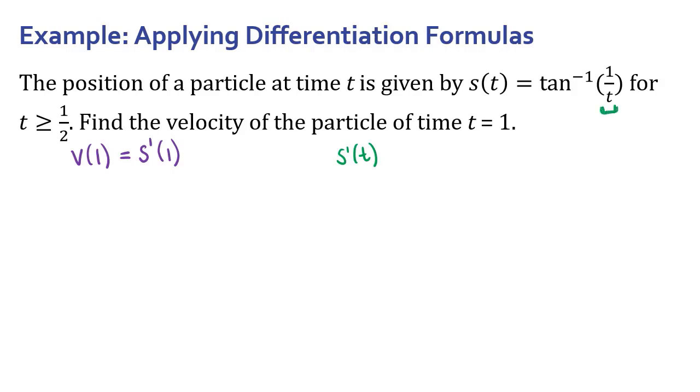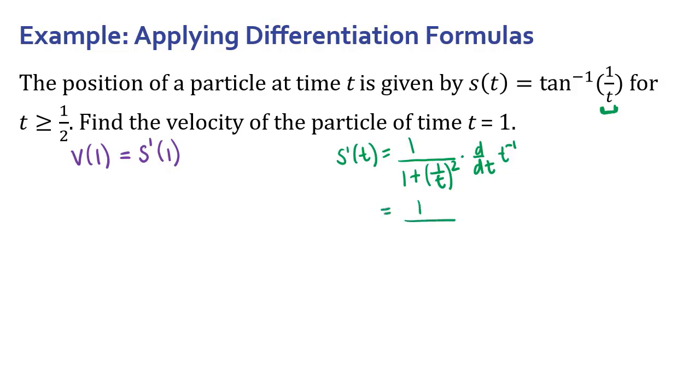So it's going to be the derivative of the outside function, which is 1 over 1 plus x squared, but instead of an x, I'm evaluating it at that inside function, so I put the inside function in. And then times the derivative of the inside function, which is 1 over t. So I'm going to write that as t to the -1, just so you can see how the power rule is going to work there.